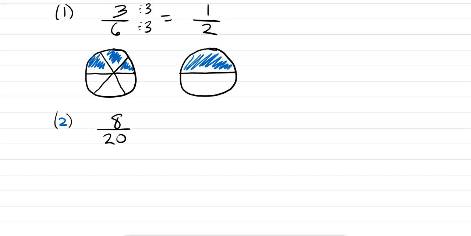So I could divide this by 2 since both of these numbers are even. So 8 divided by 2 is 4, and then 20 divided by 2 is 10. But if you notice, I have 2 more even numbers that I can keep dividing these by. So I could divide them by 2 again. And that would give me 2/5.